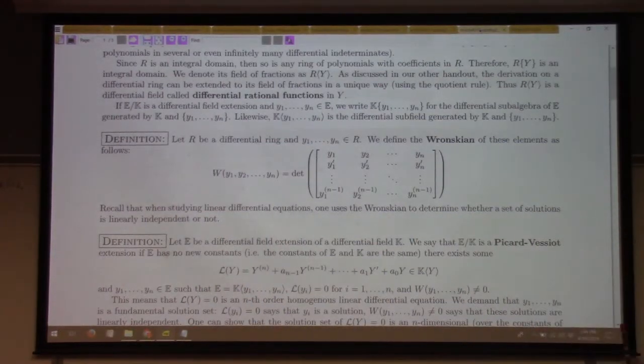So the constants of E, remember the constants were the kernel of the derivative operator, right? So the constants of E and K are the same.